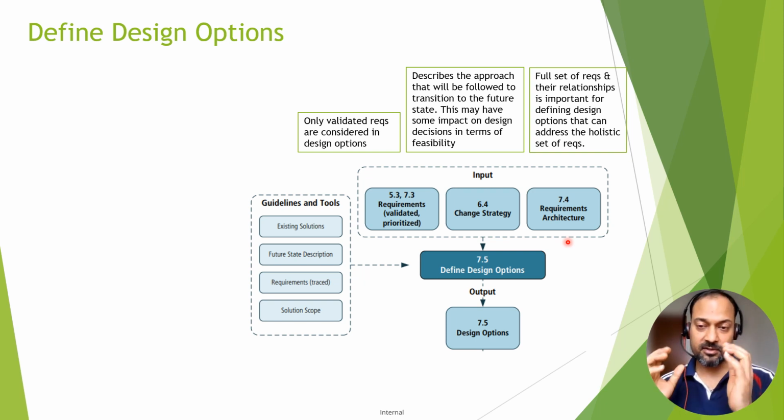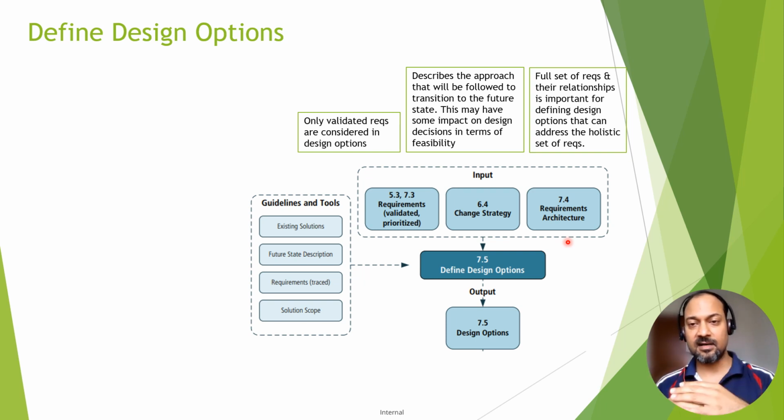And the solution is standardized, and there is no conflict, no ambiguity. So we also have to consider the requirement architecture, that all the requirements are standardized, forming one concrete solution that is giving value to the stakeholders.